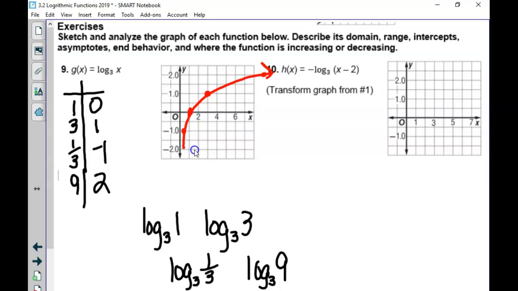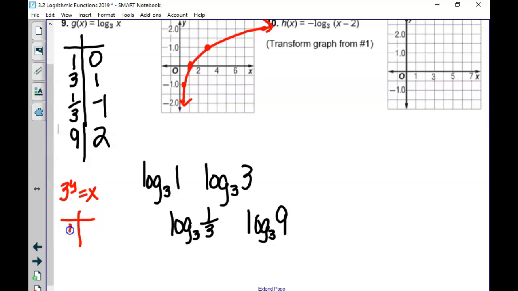Can I just run through the other way you could do this real quick? If you had rewritten that, you could have written it as 3 to the y equals x, and then you could have put in numbers. If you're going to rewrite it that way, you're putting in y values.